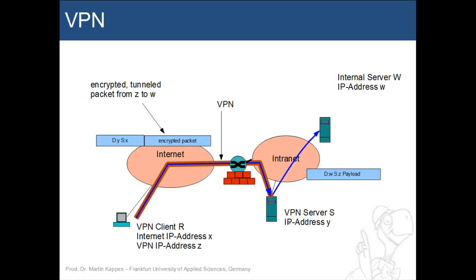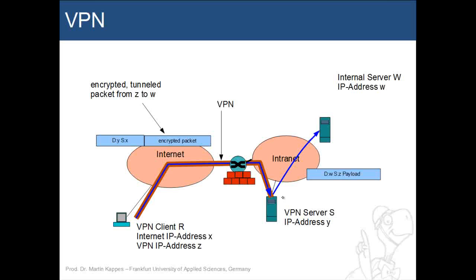So we would see a packet with source IP address X and destination IP address Y, and in the reverse direction, of course, the addresses are just interchanged.